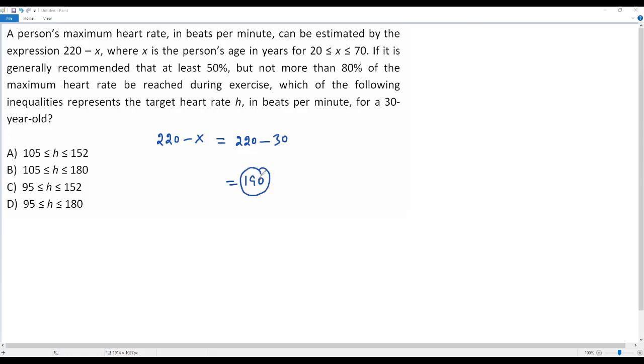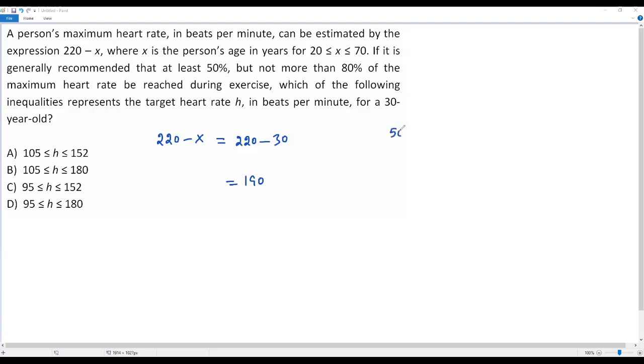Now let's go over the other information we have in the question. It is generally recommended that at least 50% but not more than 80% of the maximum heart rate be reached during exercise. That is, during exercise, of this maximum heart rate for a 30-year-old, minimum 50% should be there and maximum 80% should be there. So to get the minimum heart rate during exercise, we have to calculate 50% of this 190.